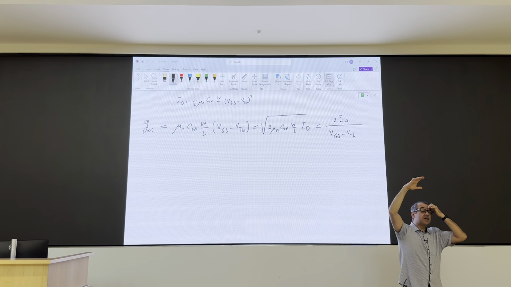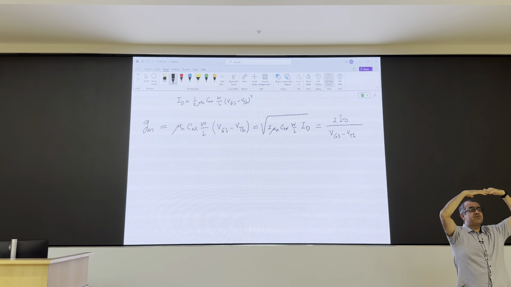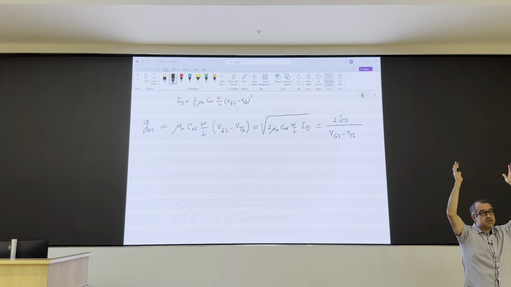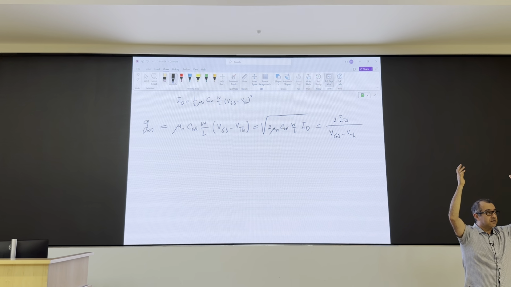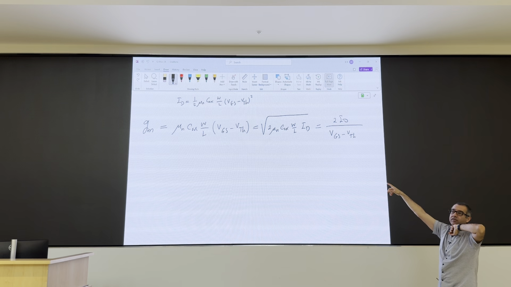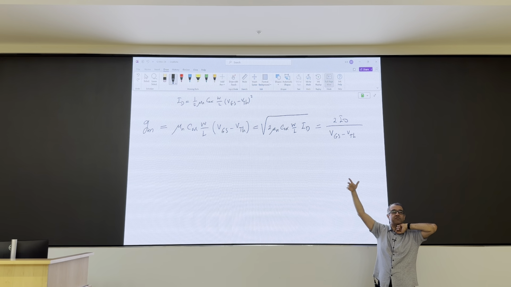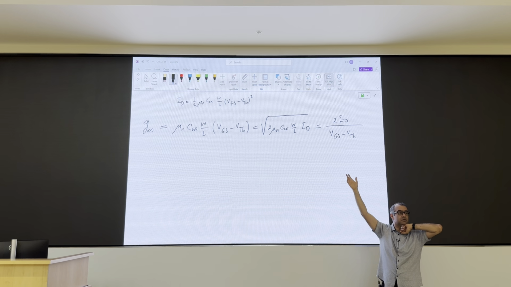Bad news is because for BJT, if you doubled IC, you doubled your GM. The gain was GMRC. So you doubled the gain. Over here, if you double ID, you only increase your GM by 40%. Right? Square root 2.